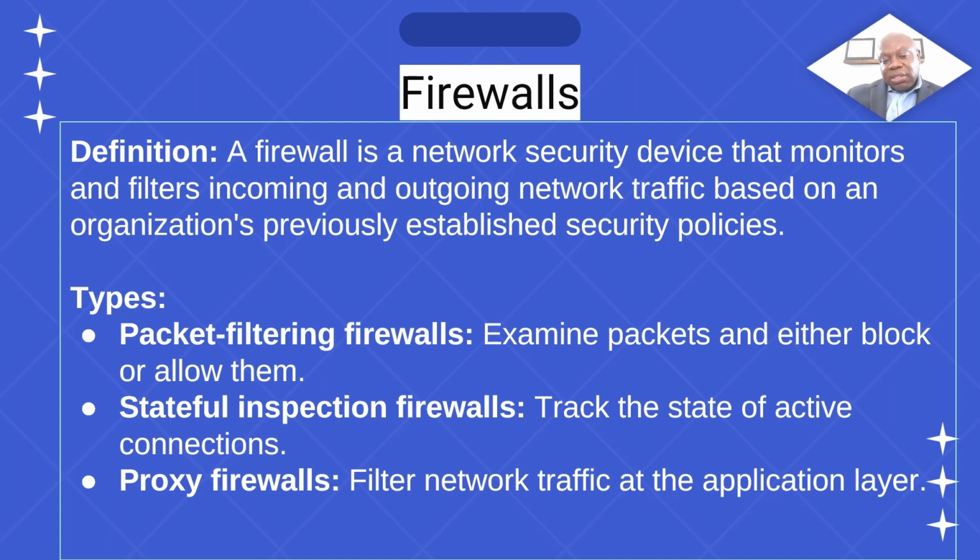Then you have what we call stateful inspection firewalls. They're going to track the state of the active connections. Is it strong? Is it good? It's just kind of tracking that. And then the next one is the proxy firewall. It's filtering the network traffic at what we like to call the application layer. I don't want to get into too much detail around this, but you're going to hear something about the OSI layers.